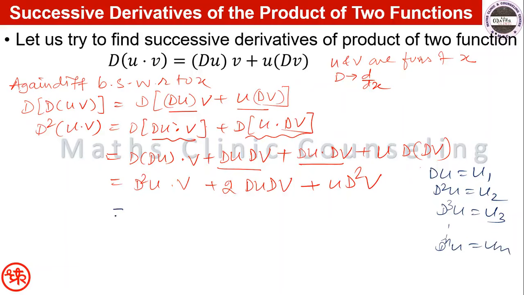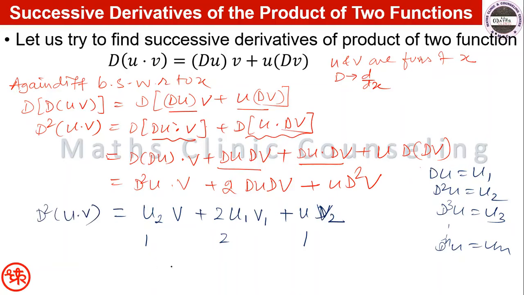So this can be written as u2 into v plus 2 u1 v1 plus u v2. Is that clear? If you notice here, the coefficients are 1 2 1. And next, when we find d3 of u into v, it would be 1 3 3 1. Just keep this in mind.